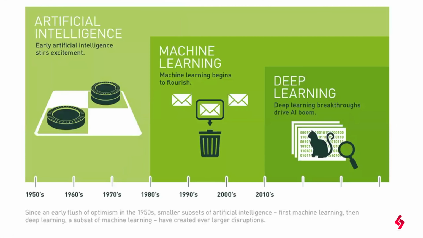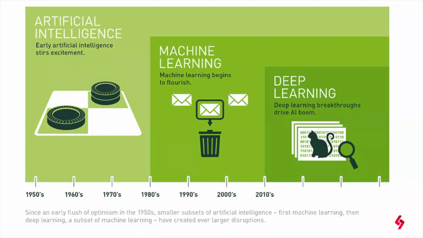When I talk about machine learning, you can look at this diagram. You see that from the 1950s onwards, artificial intelligence came, and after the 1980s, machine learning came into the picture. From 2010 onwards, deep learning came into the picture. This is the evolution of artificial intelligence. Of course, machine learning and deep learning came a little later, after artificial intelligence.